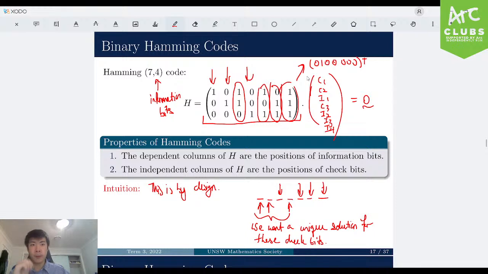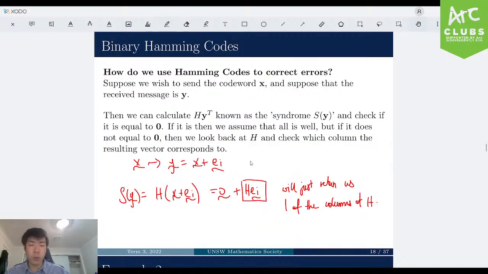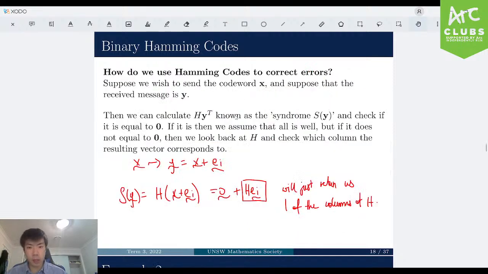Then all this would do is extract the second column out of our matrix H. And so in the syndrome calculation, we would get 0, 1, 0 as our answer. We look back at our matrix H and see that 0, 1, 0 is the second column in our matrix. And therefore, this i here must have actually been 2.